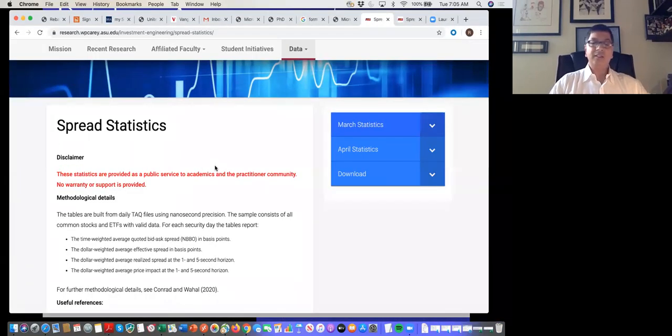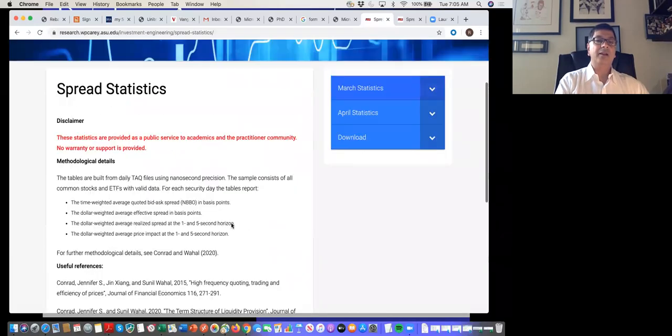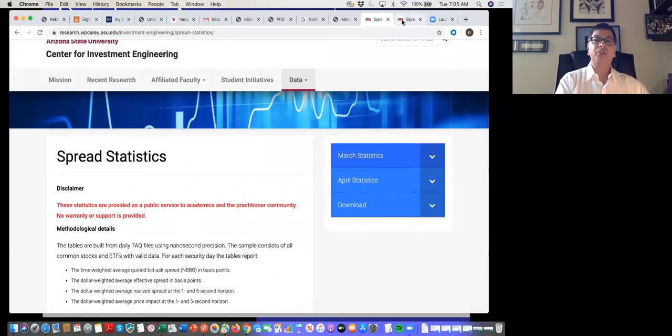If you can see this now, and hopefully everything is smooth, you can see what the data sets look like, what the spread statistics look like on the web page. Let me show you a single page. There's the ability to select particular dates and download functions for the entire day.